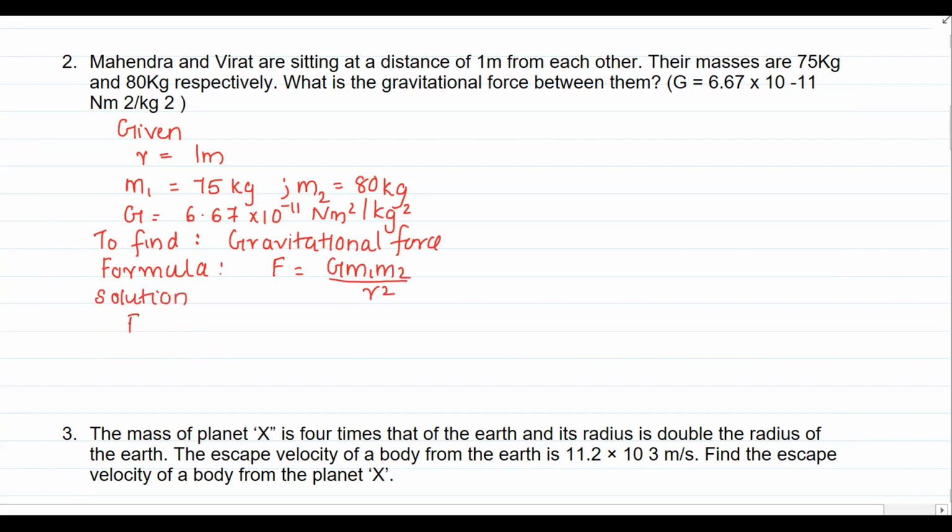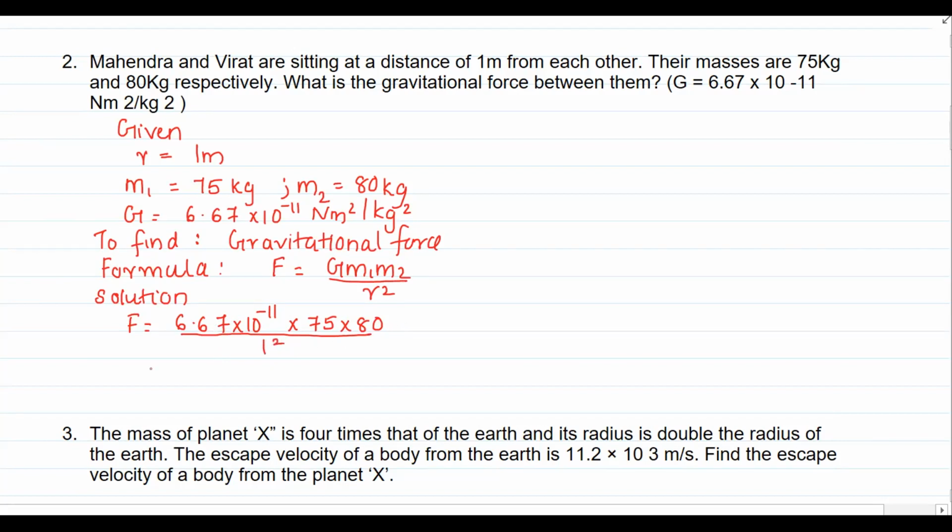That is F is equal to 6.67 into 10 raised to minus 11 into M1 is 75, M2 80 upon 1 square will come. 1 square is 1 only.